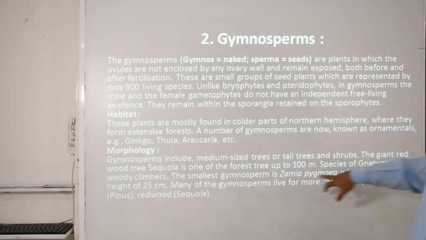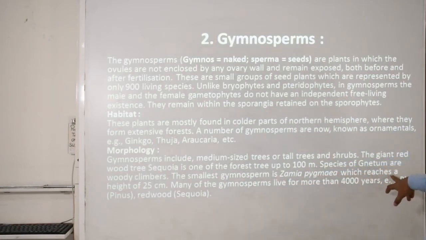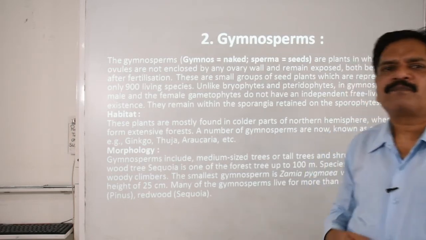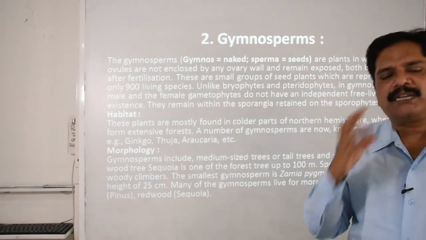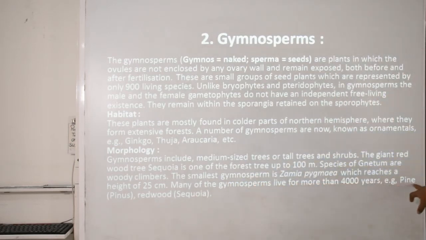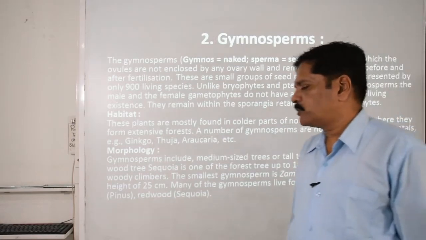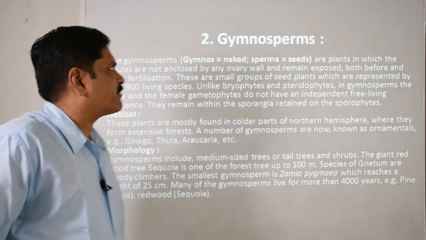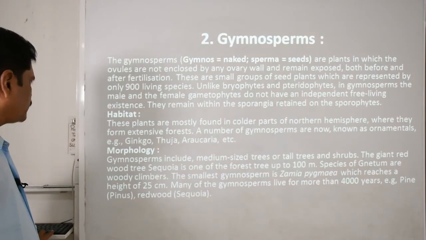The smallest gymnosperm is Zamia pygmaea, which reaches a height of hardly 25 centimeters. So such a great variety in height is observed, okay, and many gymnosperms live for more than 4,000 years, like the pine and the redwood Sequoia. So this is the basic fact about the morphological features.